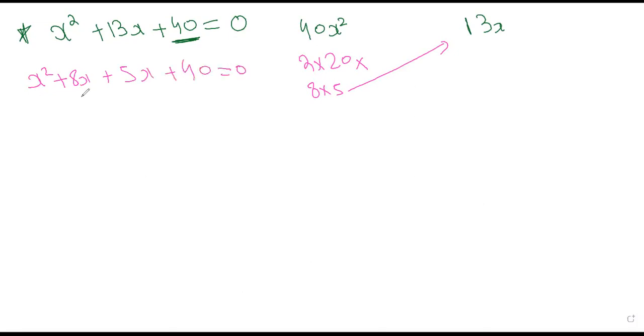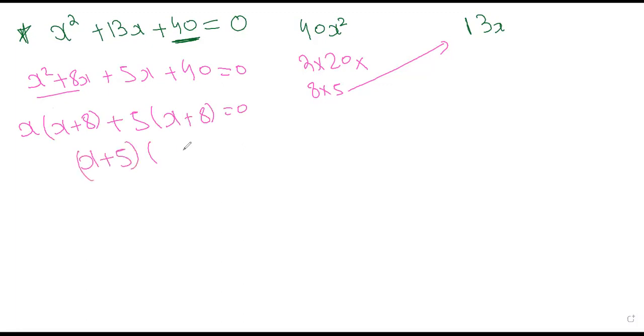We need to take common from these two expressions. This would be x, and then we have x plus 8, plus 5, and then we have x plus 8, and this would be x plus 5 into x plus 8 equals 0.